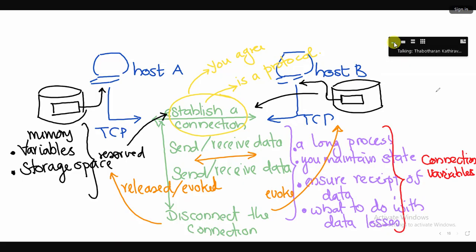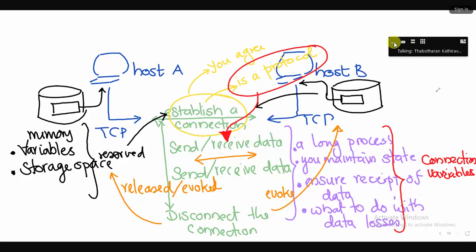So how do we establish a connection? There is also a protocol for connection establishment. Once that protocol is done and the connection is nicely established, we come to the data exchange part. This is what the TCP protocol does in comparison to UDP. TCP does a lot. It establishes the connection, then sends and receives data.